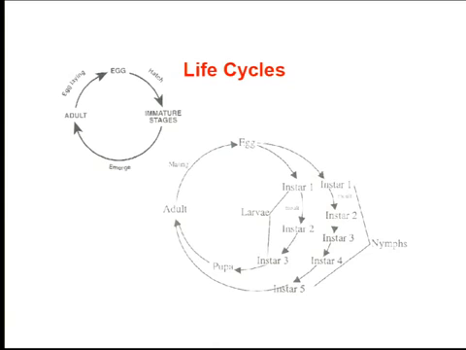They don't go through the longer cycle where you go egg, then you have the instar, instar 2, instar 3, instar 4, the larva. When it's very young, it's called instar 2, and so on. Then they become a pupae. Then from the pupae comes the adult. That's much more complex metamorphosis.